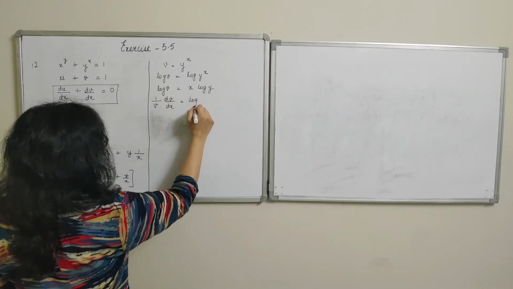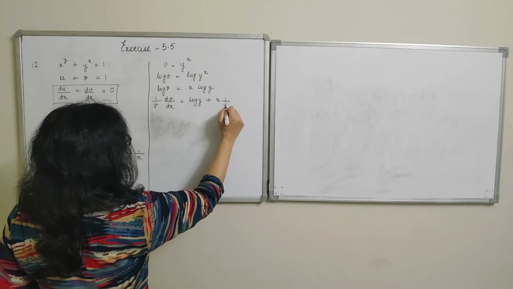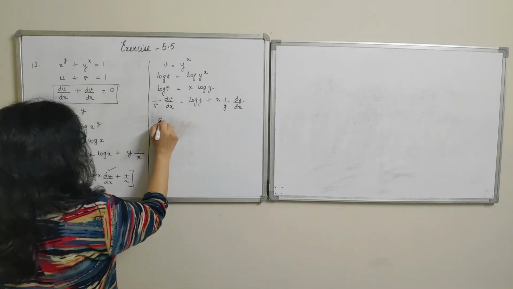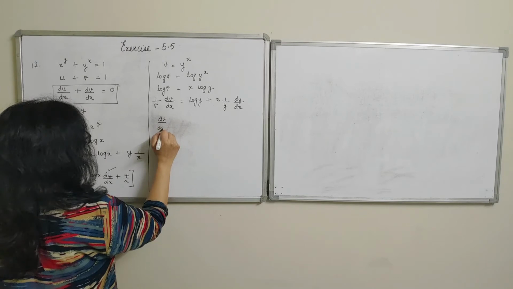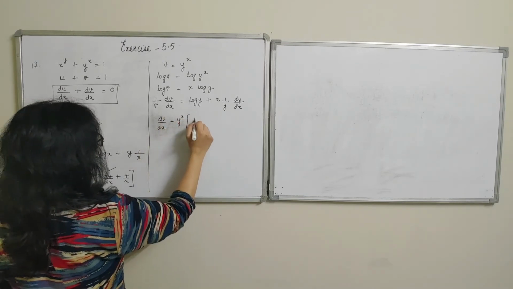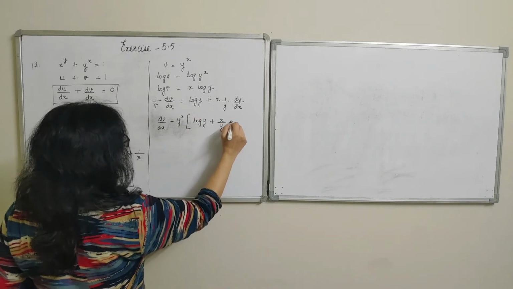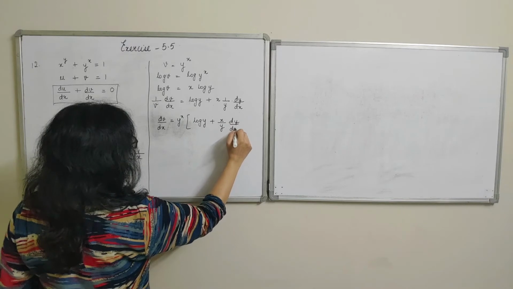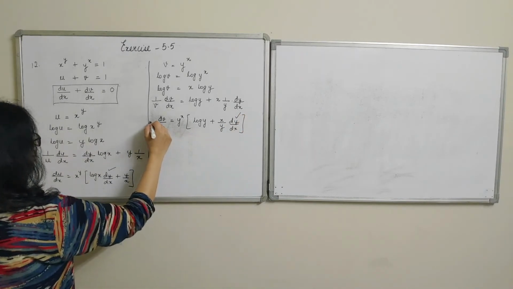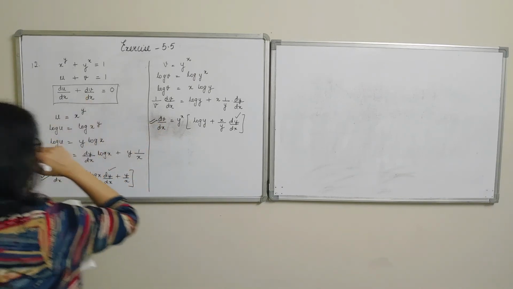Writing down the result directly: log y plus x, derivative of the log function is this, and derivative of y is this. So dv by dx is v times this function, which is log y plus x upon y dy by dx. Here also you can see there is a term dy by dx. So du by dx and dv by dx are what we are going to substitute here.